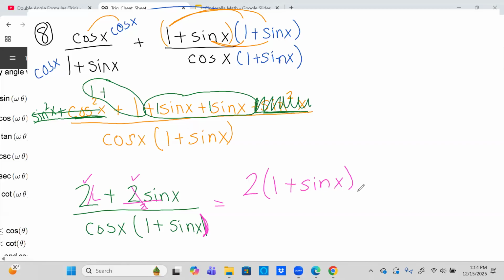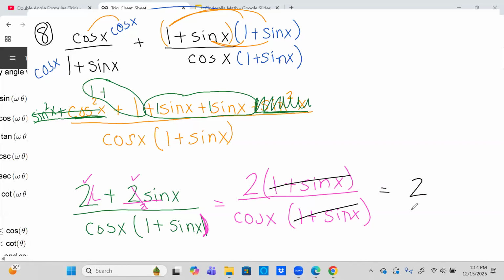And on the bottom, we would still have cos times 1 plus sine. Oh my gosh, this pen's gonna kill me. Okay. Something good happens here. 1 plus sine, 1 plus sine. Bye-bye. And we are left with 2 over cos.